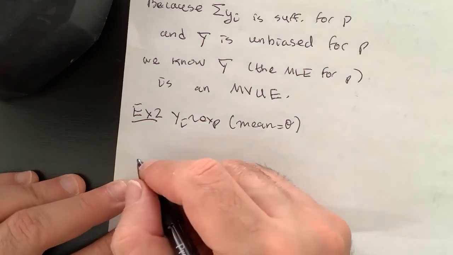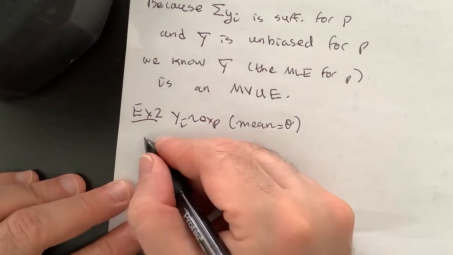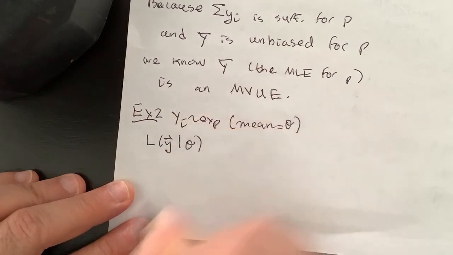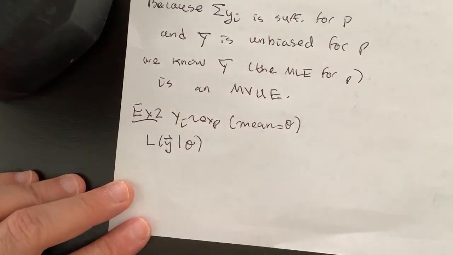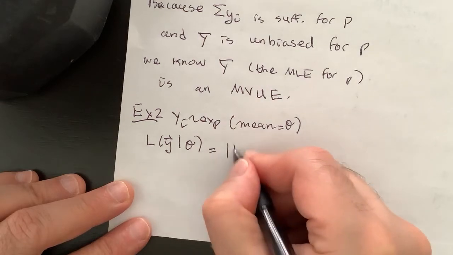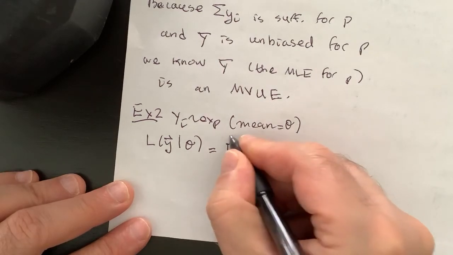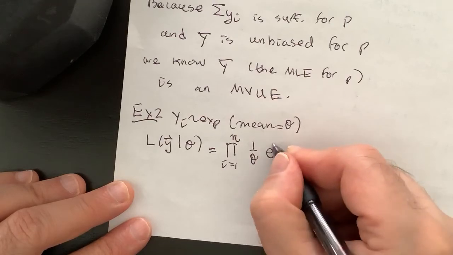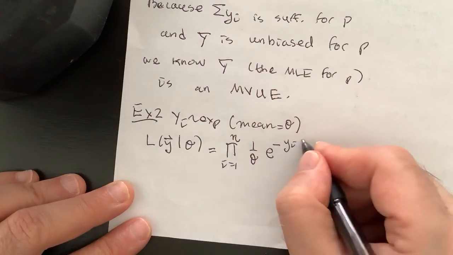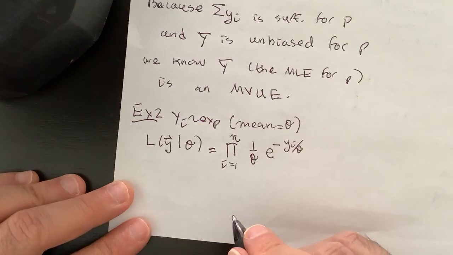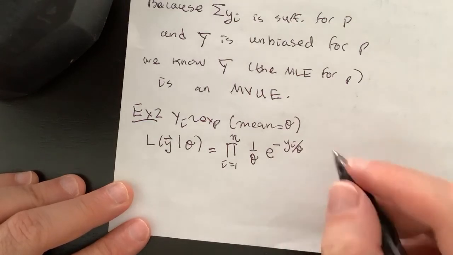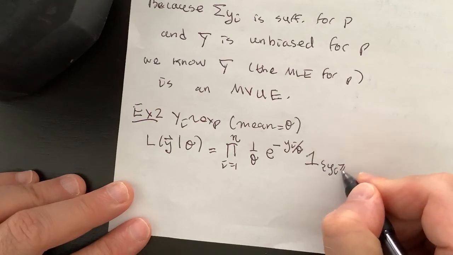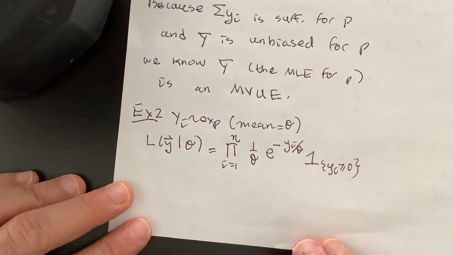So we take L, just one parameter, equal to the product, i equals 1 to n, of 1 over theta times e to the minus yi over theta. And if you want, you can have an indicator that yi is greater than 0.